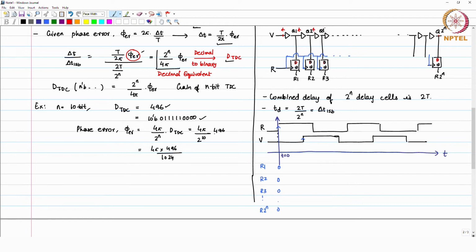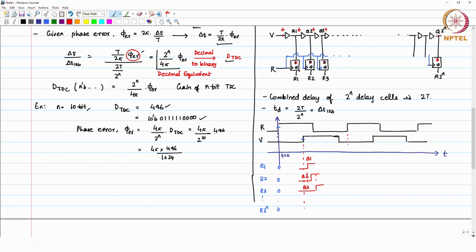So, if I look here, my Q1 will actually become 1, this is not the R1 signal, but I am just plotting your Q1 after the delay. Q2 will become 1 after another delta t LSB delay. Similarly, Q3 will become 1 after some more delay.